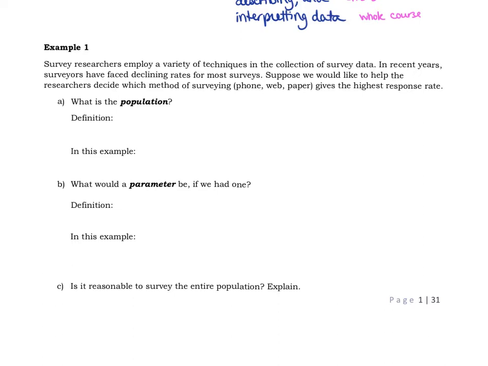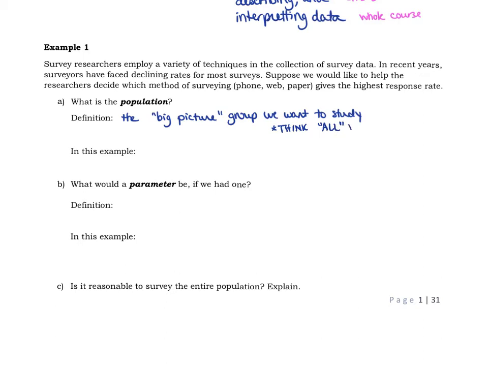First, what is the population? Let me give you a definition. Population is the big picture group we want to study. One of the keys here is to think about the term all.